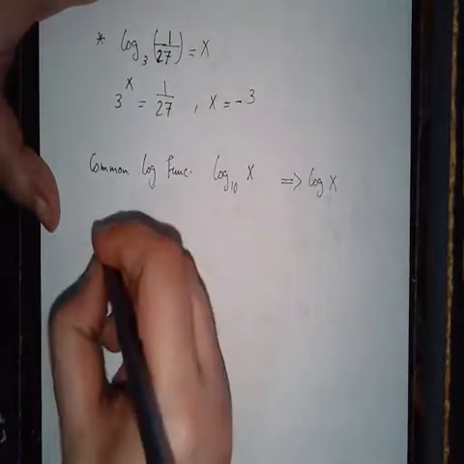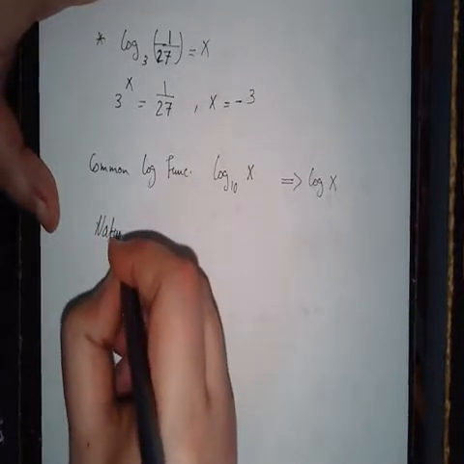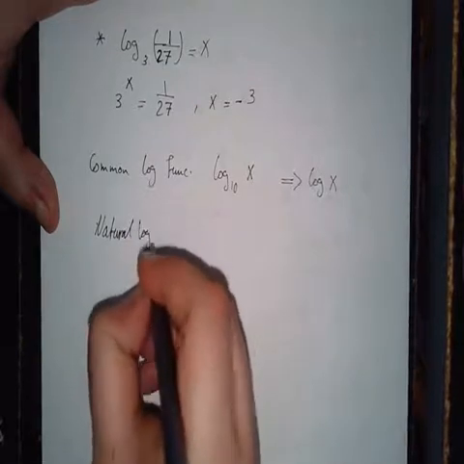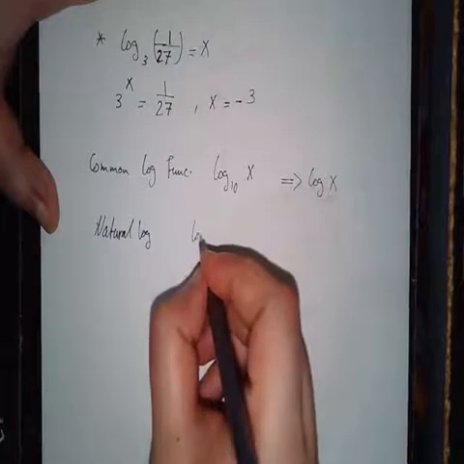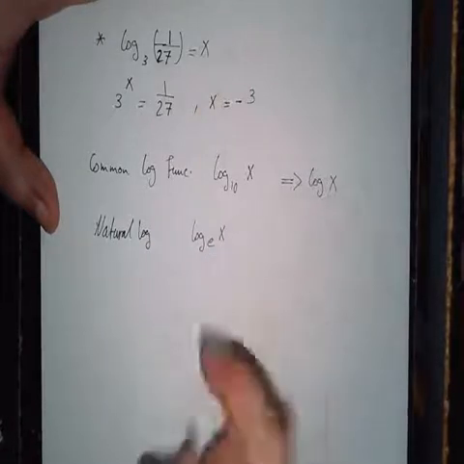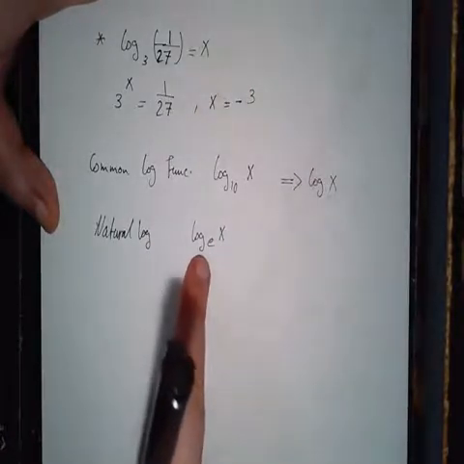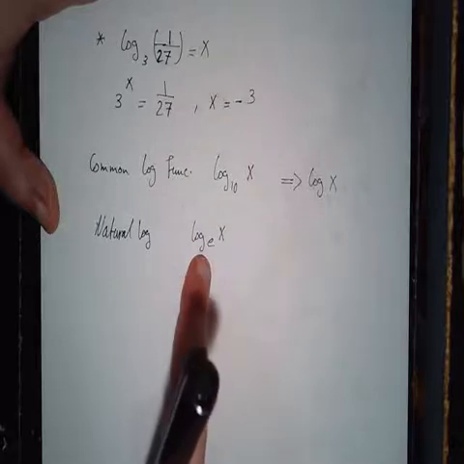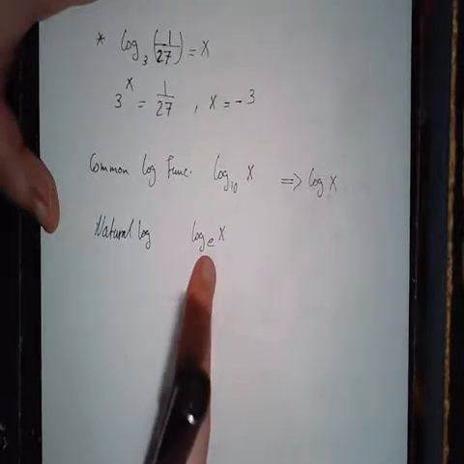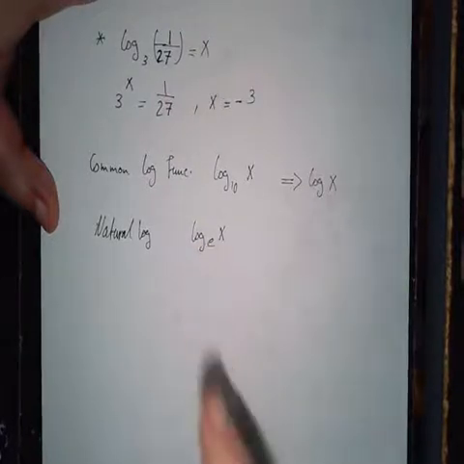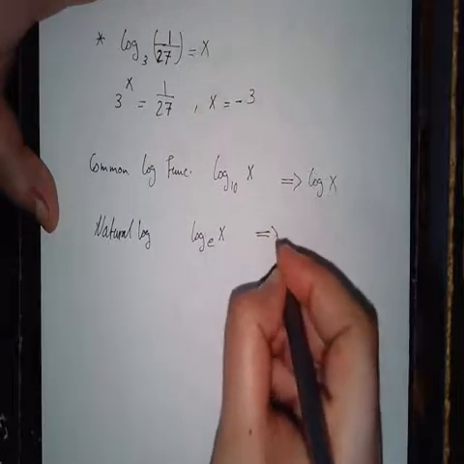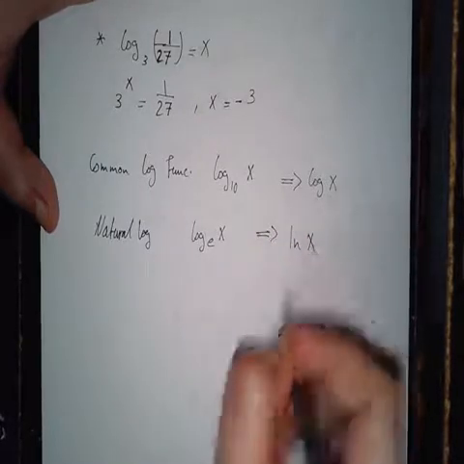Another one is called the natural log. So the natural log is a log base e. You seeing this? So the number e we played with in the previous section is the base of this log. Whenever you have a log that has the e as its base, it's written like this, ln of x.